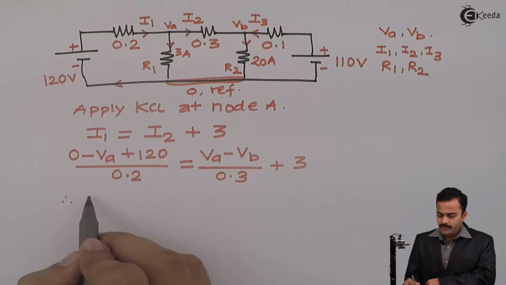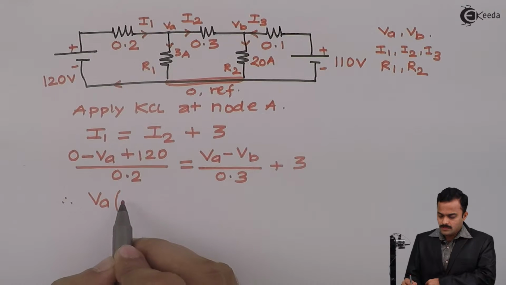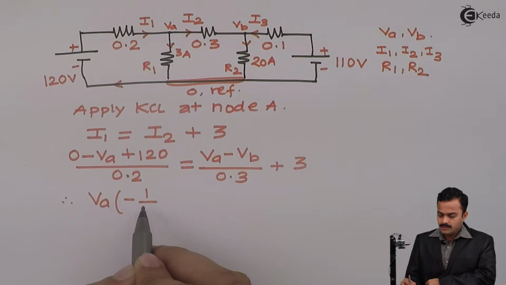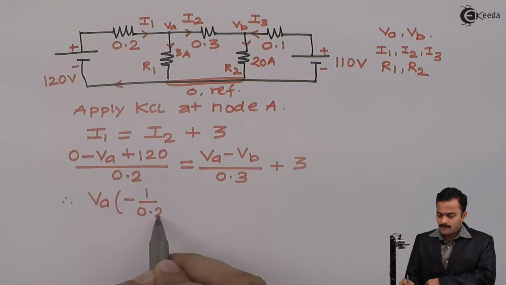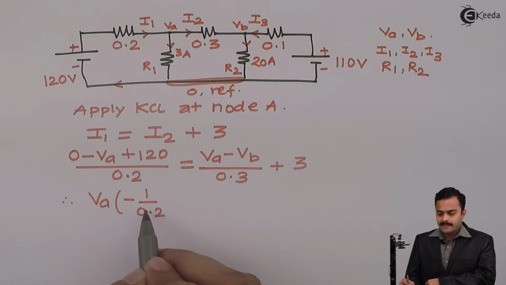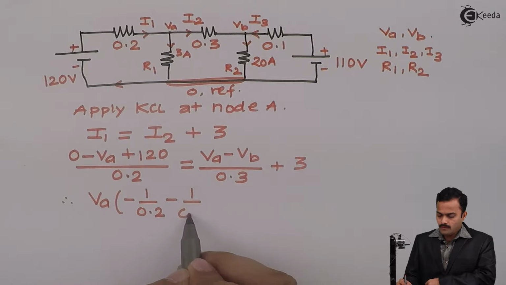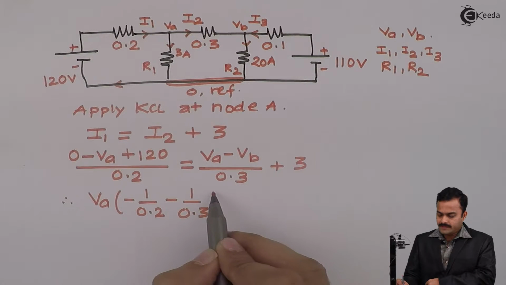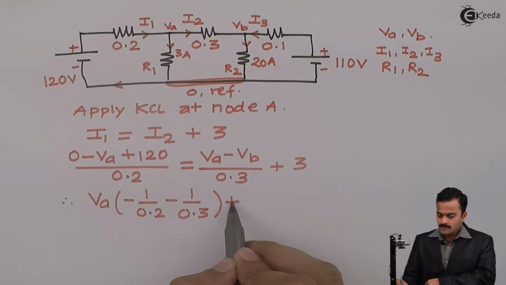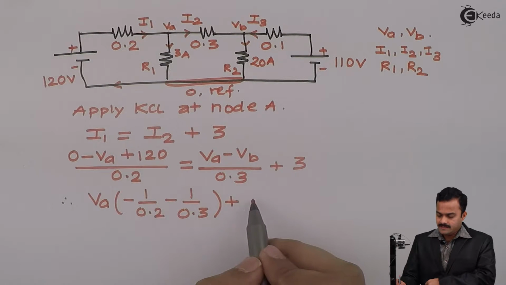So let's club all VA terms together. So I will have VA multiplied by 1 upon 0.2 minus 1 upon 0.3. This VB will come this side.